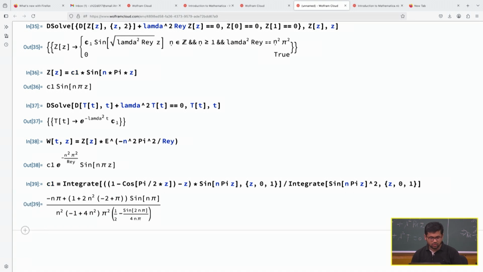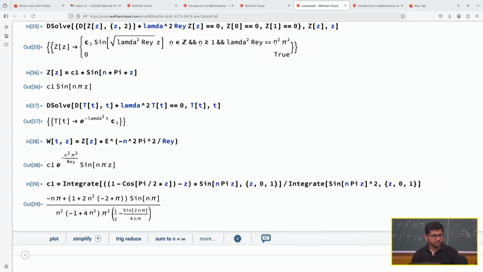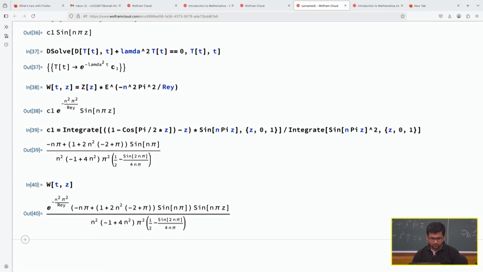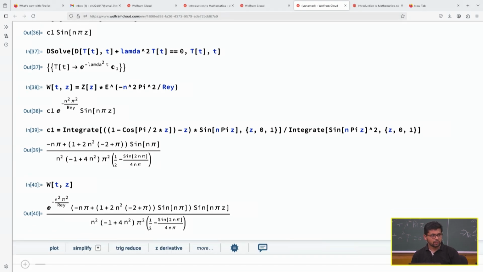So, this is the value of C1, and I can put it here in W of t comma z, and it will give us the value of W. So, this is your W now, which is the deviation velocity value. For this integration, I can tell you just after the class.